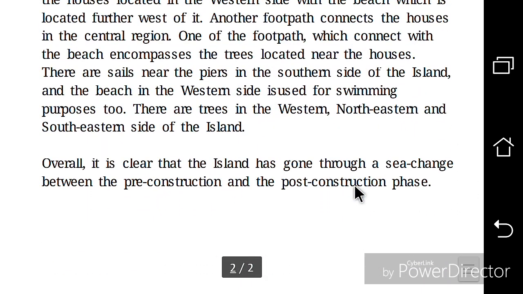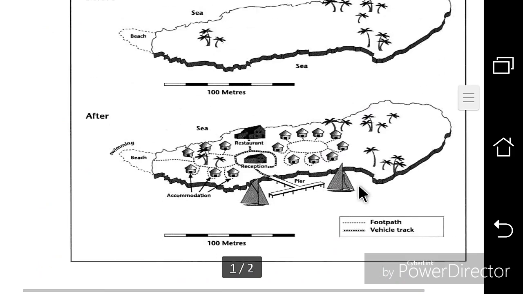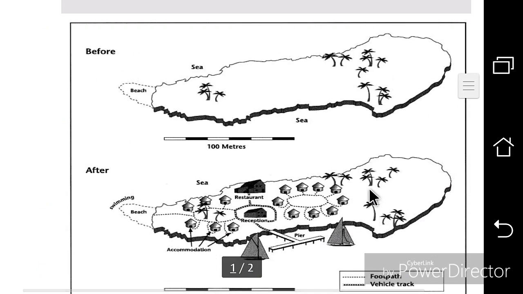And in the overall or the closing paragraph, you can write, overall, it is clear that the island has gone through a sea change between the pre-construction and the post-construction phase. So for phase you can use periods or time. Now here you can see that in the before image there was nothing such as accommodations, restaurant, reception, nothing.